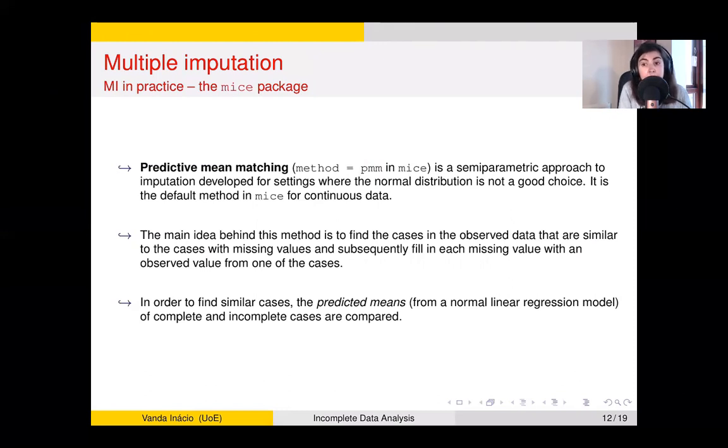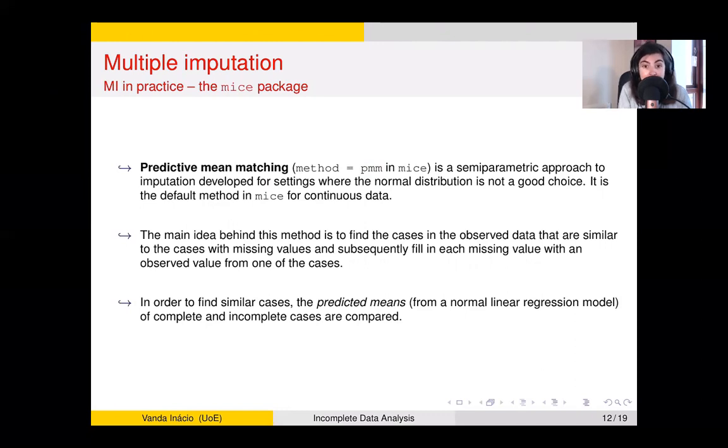If we look at the histogram of the complete cases and deem the normal distribution to be reasonable, then we should use norm.boot or norm, because they will be the most efficient ones. But in case we have some deviations, or if we want to be on the safe side, then we should use predictive mean matching.